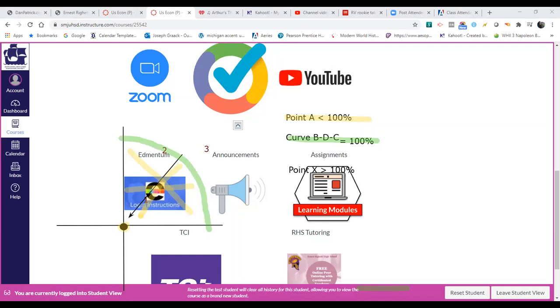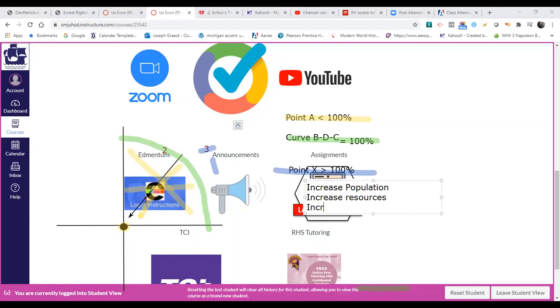And then anywhere outside of that curve, for example point X, area 3, a couple of different things would need to happen for it to be greater than 100%. You would need more people. If you had more workers, you could create more goods and services. If you had more resources, you could create more goods and services.